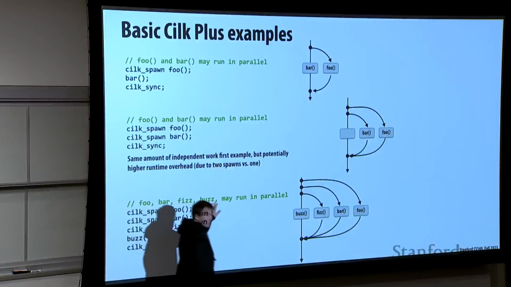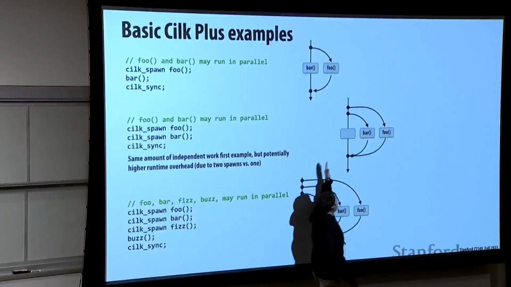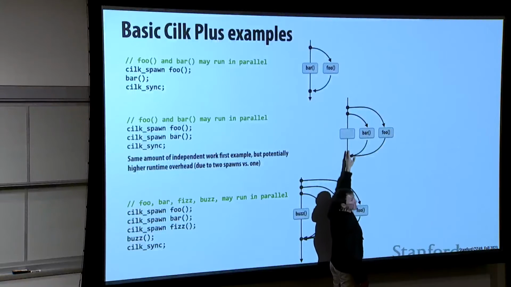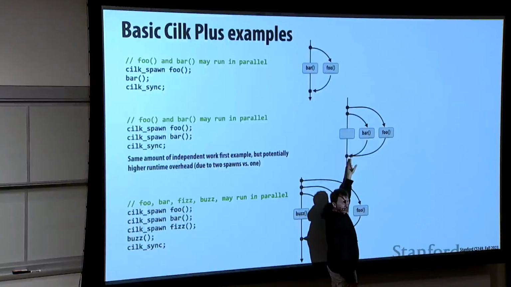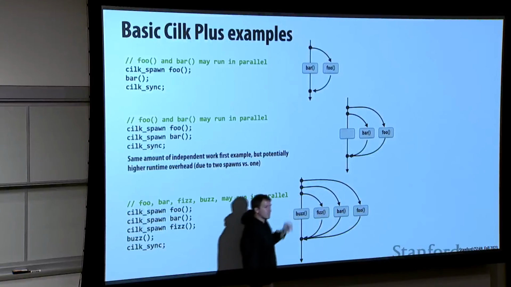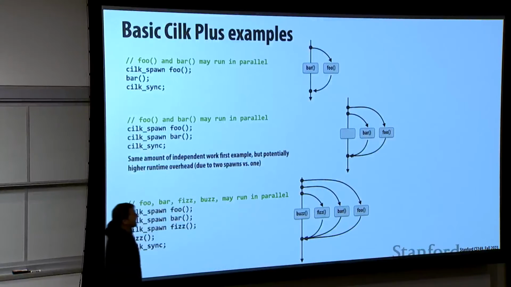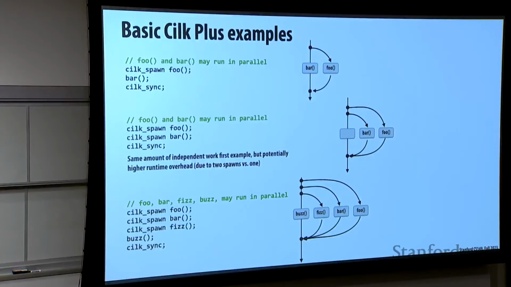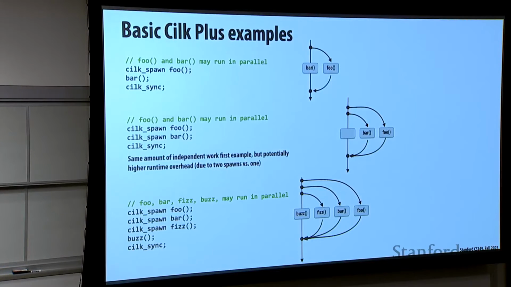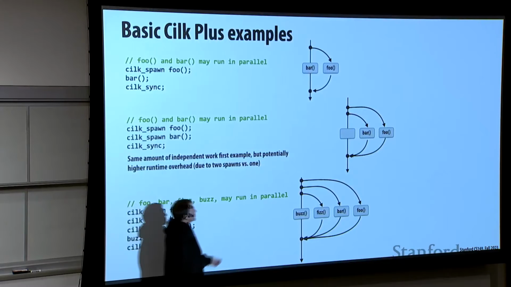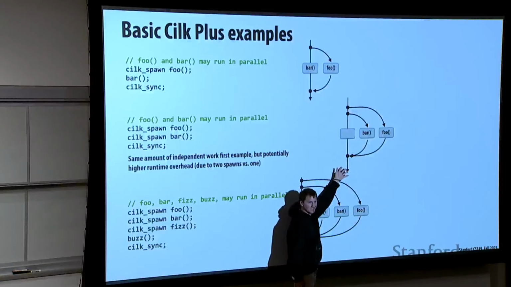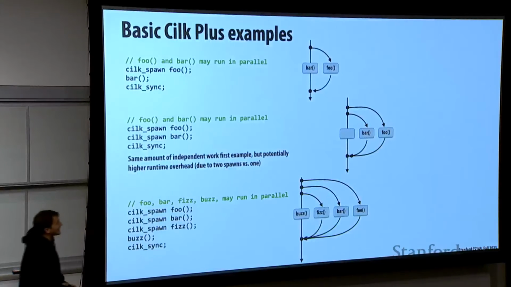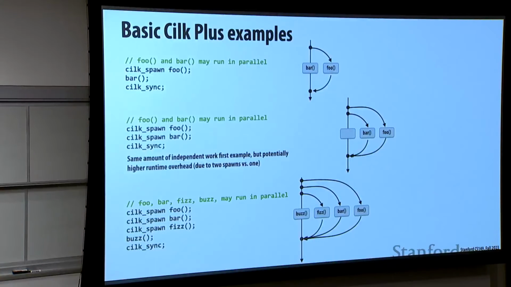What is true in the semantics is that bar and foo are two pieces of work that can run asynchronously. I'm being very careful not to tell you, if there's a thread pool under the hood, what threads are actually going to run these things. But logically, I have three logical threads of control here that are defining work that needs to be done and can be done concurrently at the same time.